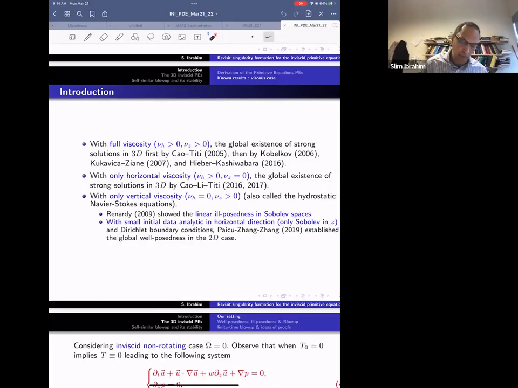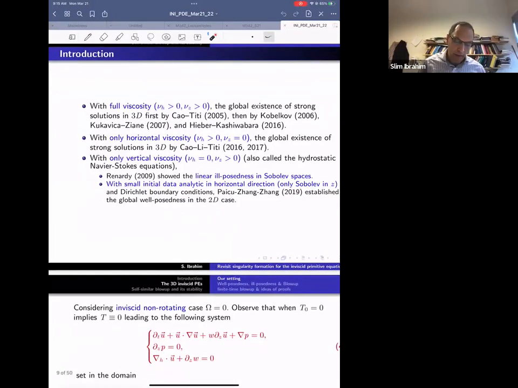The existence and uniqueness was done in the scale of Sobolev spaces. And then with different boundary conditions, Kobelkov in 2006 and Kukavica-Ziane in 2007 used different boundary conditions. More recently, Hieber and Kashiwabara used L^p theory and semigroup theory to establish the global regularity.